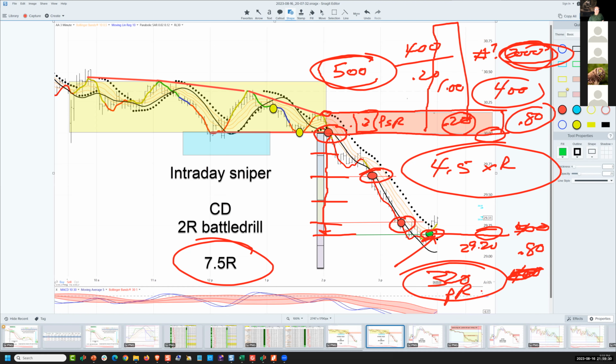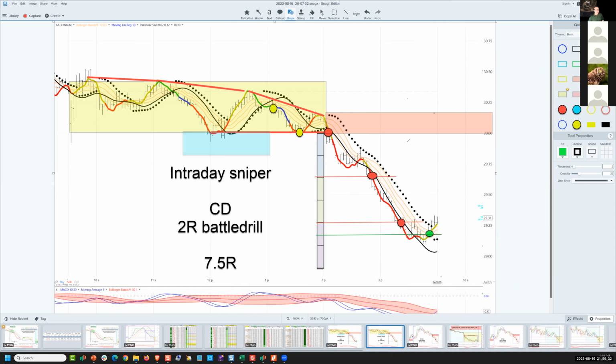If I just become confident over time and say, you know what, I'm going to let XR equal PR, then that is on the first position 4.5R, which is 1,800 bucks.